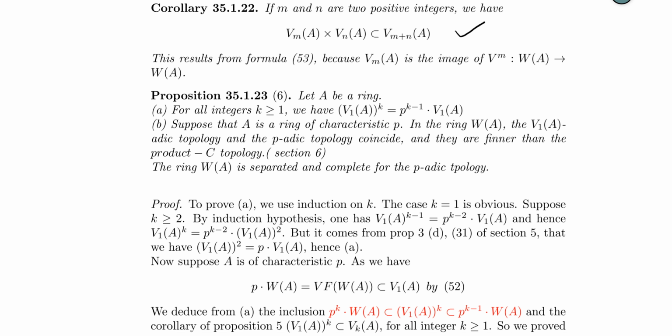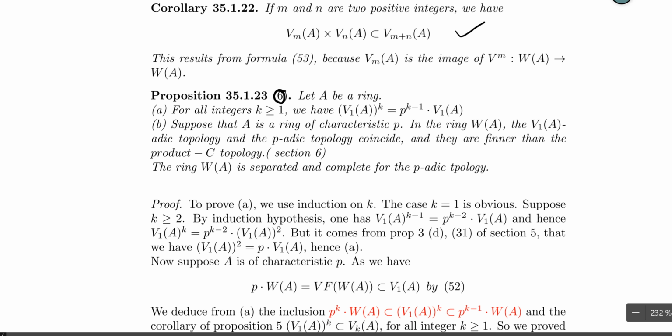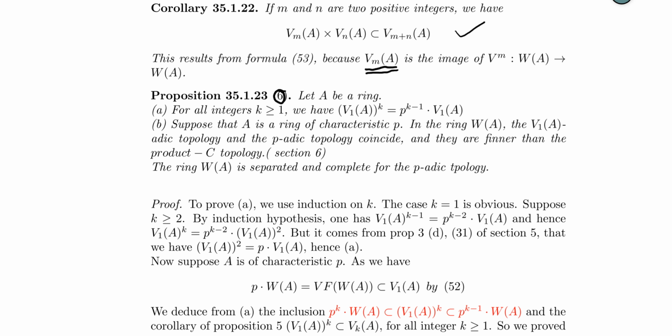Okay. So proposition 6. Let A be a ring, for all integers k bigger or equal than 1, we have this. So what is V1? VmWA is the image of Vm. What is this?